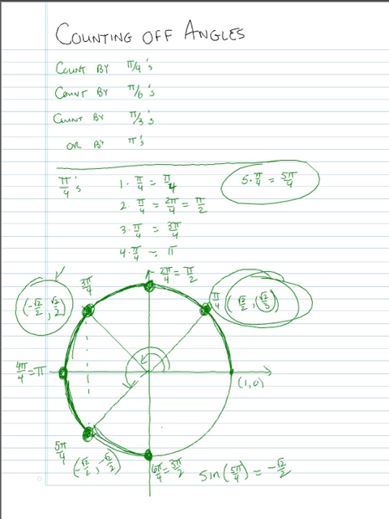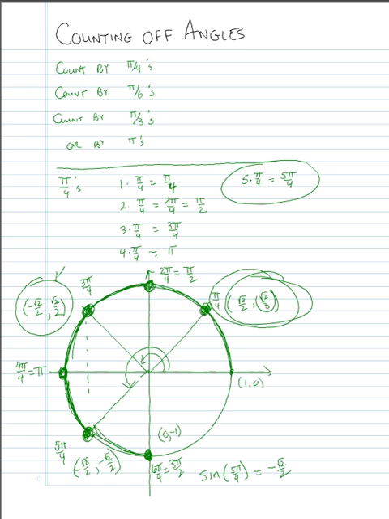Remember we're on the unit circle, and the x value is 0, but the y value is negative 1, isn't it? And so now we can answer the question, what's the sine of 3 pi over 2? Oh, it's negative 1. Now that's the same as 6 pi over 4.